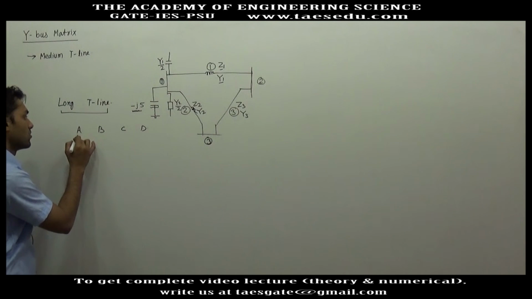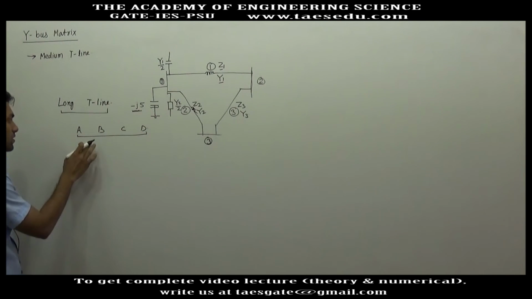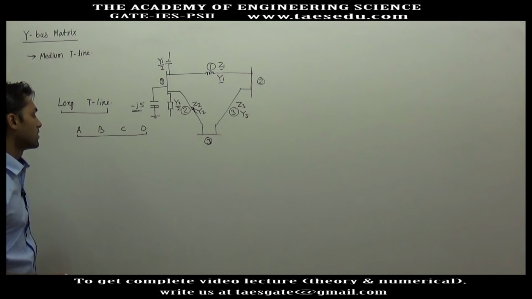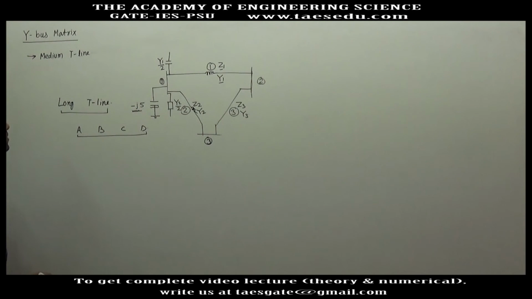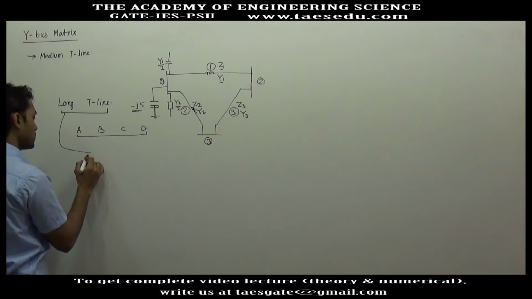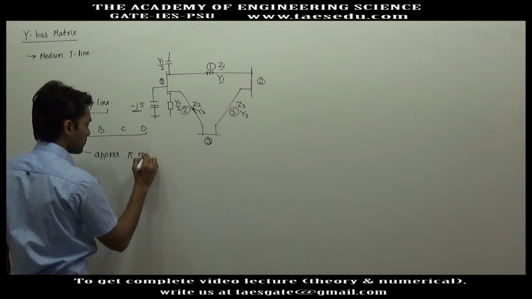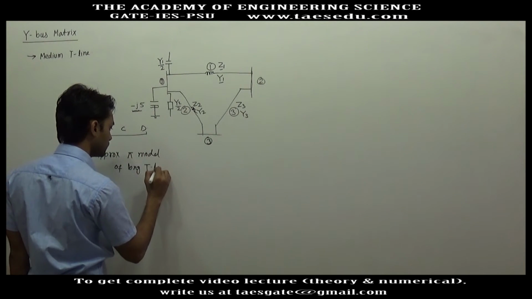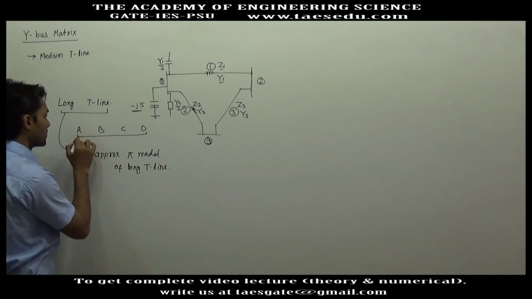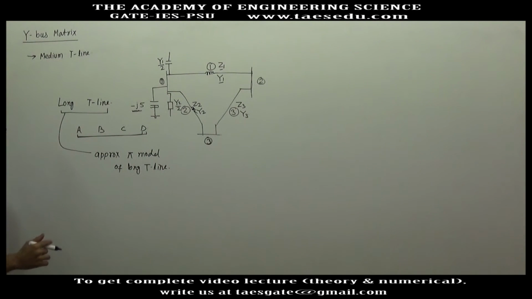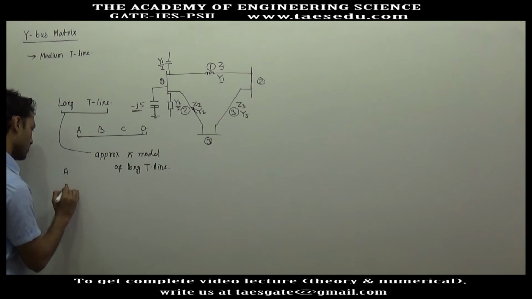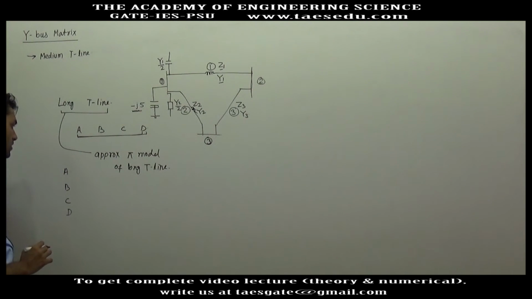If it is given in the form of ABCD parameters, and we have also studied in the modeling of transmission line how you can get the approximated pi model. So if you are given ABCD parameters, write the ABCD parameters of the long transmission line and then equate it with the ABCD parameters of the medium transmission line.